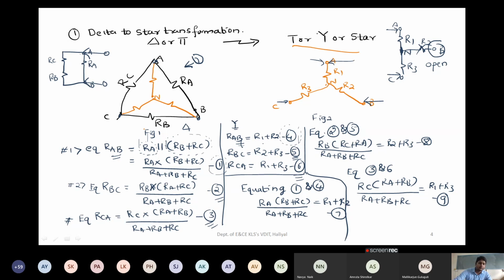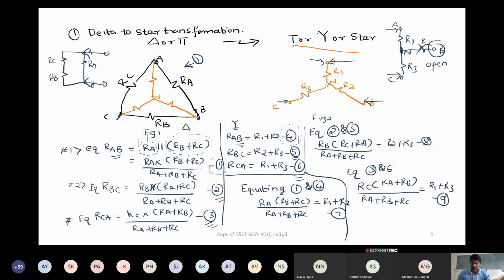Now if you subtract equation 7 by equation 8, why are we doing this? Looking into equation 8 and equation 7, after this you can come out with one of the solutions, so that you will be able to find either R1 or R3. So let us check that.